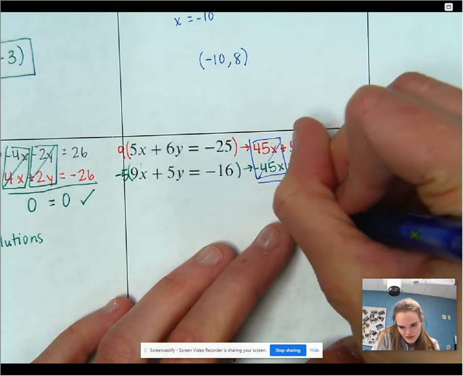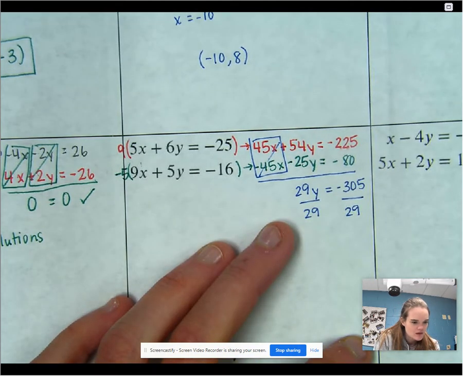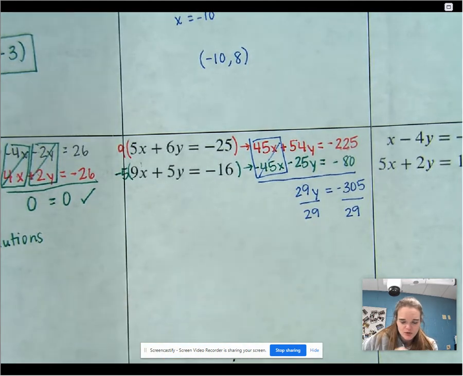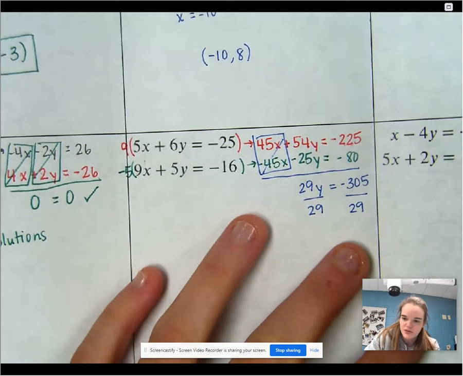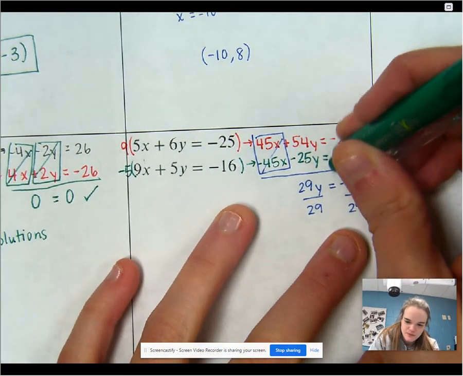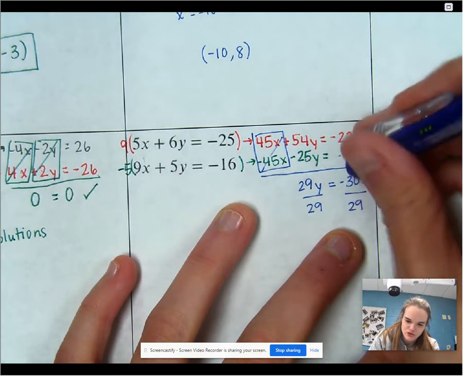Divide by 29. And I get a decimal, so let's make sure we did all this right. This should be positive 80, is what I did wrong. Now, just because you get a decimal does not mean it's wrong, but always go back and check just to make sure.